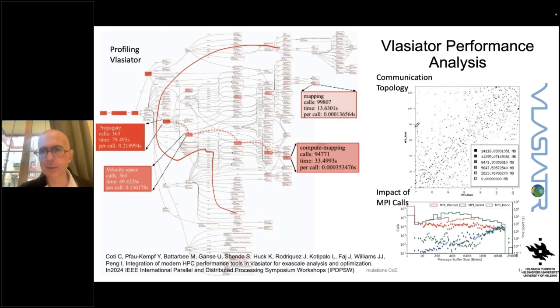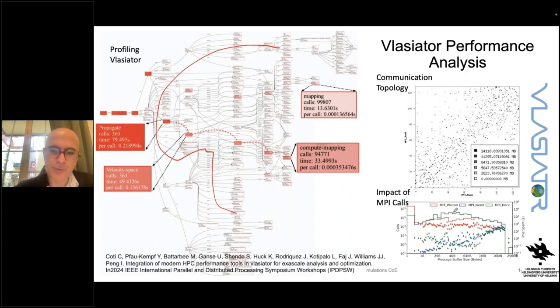So here is an analysis of the communication topology. These are typically 5D or 6D simulations, so you might have communication along 5 directions, and you see here the communication pattern, with MPI ranks on the x-axis and MPI ranks on the y-axis. So this is a plot of who communicates with whom.